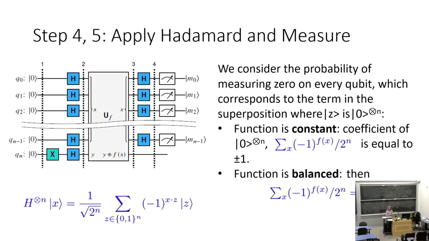And what we see is that the probability of measuring 0, 0, 0, 0, 0, 0, 0 is the sum of -1 to the f of x divided by 2 to the n, which evaluates to 1 or plus minus 1 if f of x is constant, and we call this constructive interference. And it evaluates to 0 if it's balanced. We call this destructive.